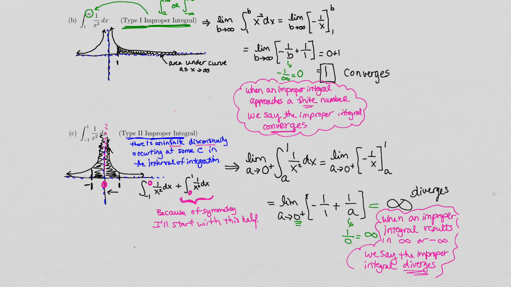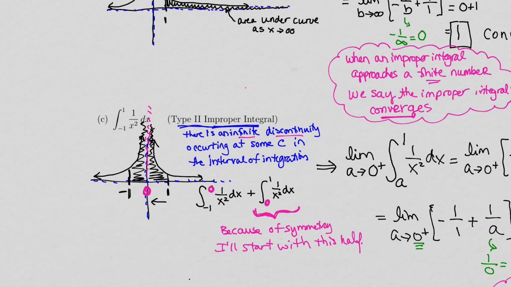Let's go back to the one we saw at the very beginning, with negative 1 to 1. We knew that was a type 2 improper integral because there was an infinite discontinuity occurring at an asymptote. That is what we call a type 2 improper integral. It's kind of hidden.